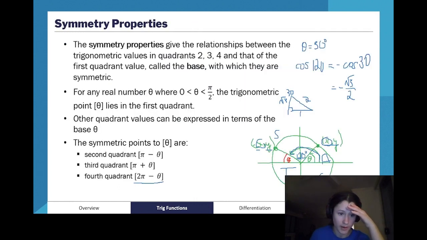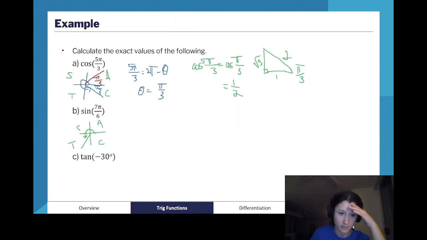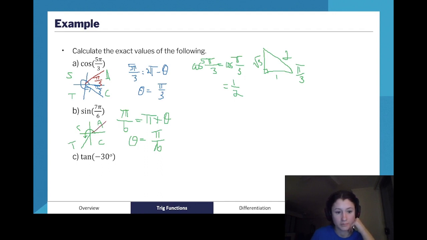Going back, we know that in our third quadrant it is pi plus theta. So we know that 7 pi over 6 is equal to pi plus theta, which gives us that theta is equal to pi over 6. So drawing that in, we get pi over 6 here.